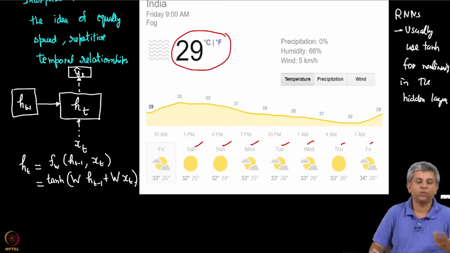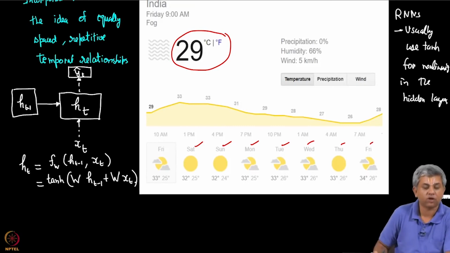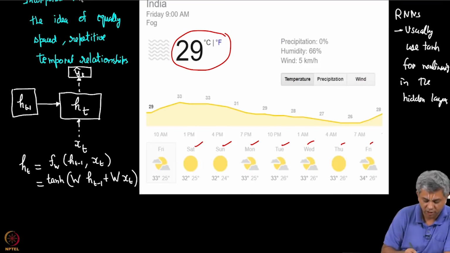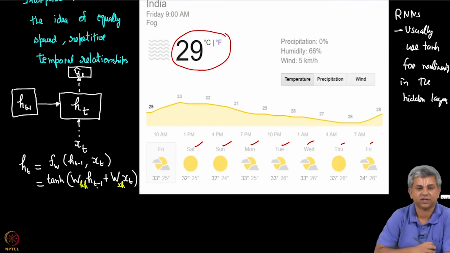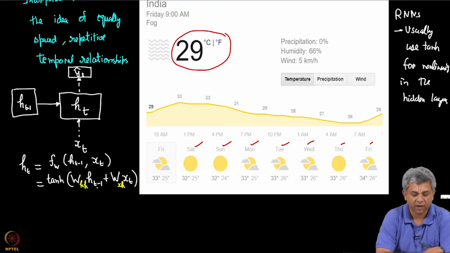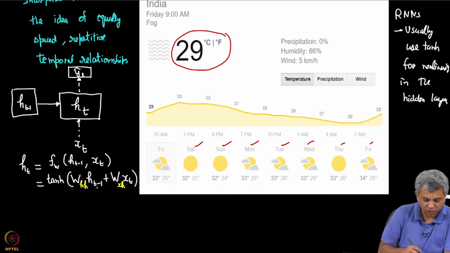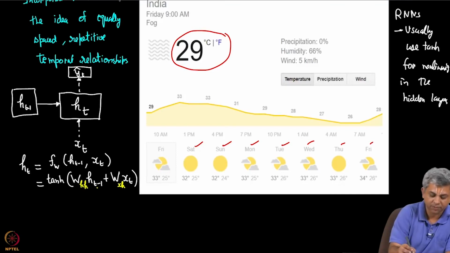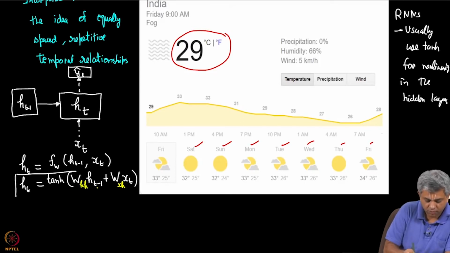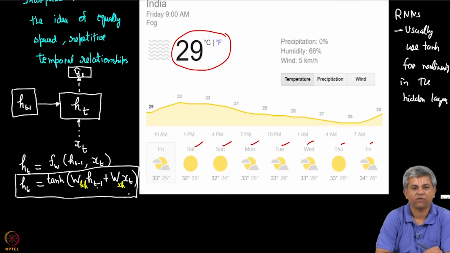Now, these two weight matrices in general will be different, and not only that, they will also have different sizes, as you will see very shortly. This weight matrix we will call W_HH because it takes an H and gives out an H, and this weight matrix we will call W_XH because it takes an X and gives out H. So, this is the general formula for the hidden layer of an RNN.